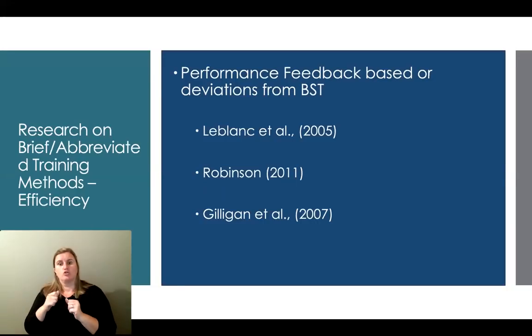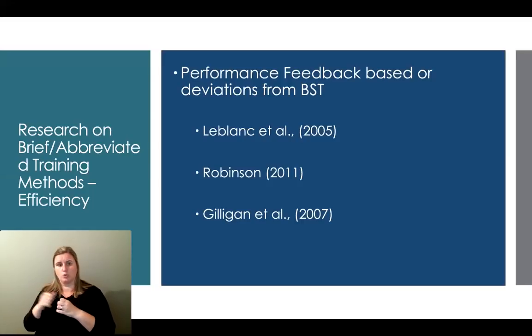Robinson in 2011 also used an abbreviated method for training paraeducators, which consisted of modeling and performance feedback when training paraeducators to implement procedures to teach social skills for students with autism. Gilligan and colleagues also employed skill rehearsal and feedback successfully to train paraeducators to deliver discrete trial instruction to individuals with autism.